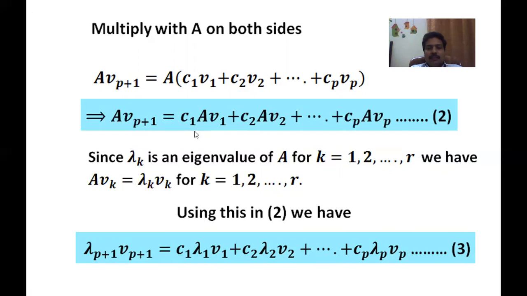That is equal to c1 A v1, which is lambda 1 v1, plus c2 A v2, which is lambda 2 v2, plus so on plus cp times A vp, which is lambda p vp. So here the matrix A is replaced with the eigenvalues lambda 1, lambda 2 and so on, as per the corresponding eigenvectors v1, v2 and so on. So this is our equation number 3.